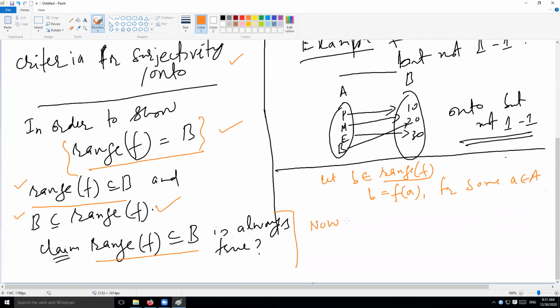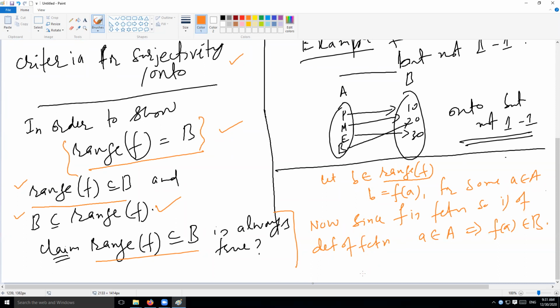Now, since f is a function, one condition of the definition of function implies that for every a, f of a must belong to B. Isn't that the case?